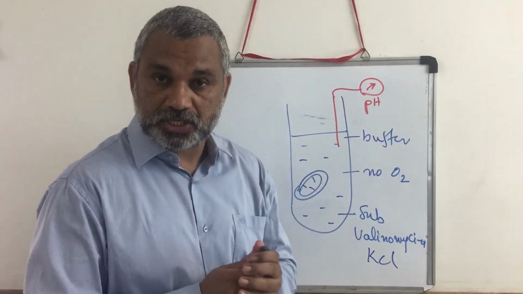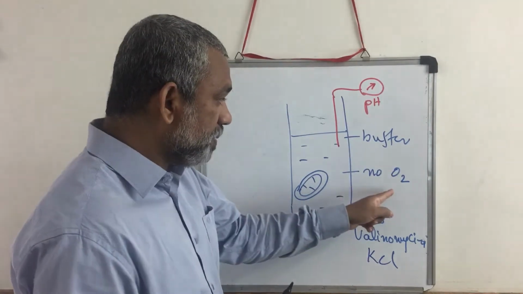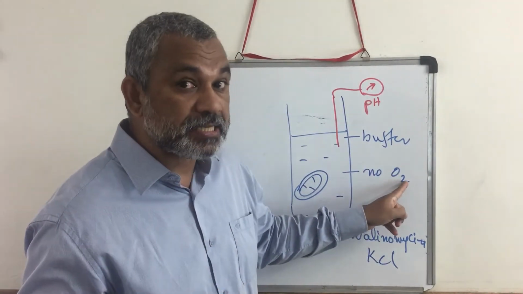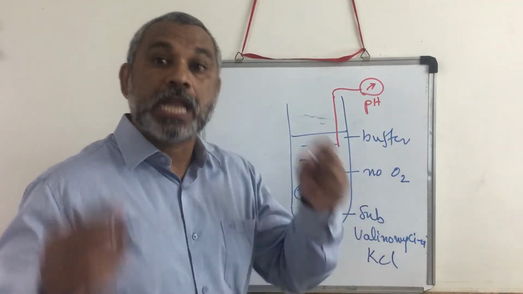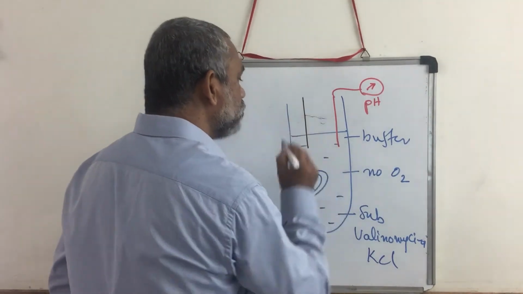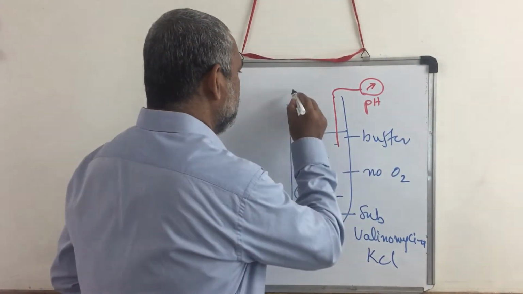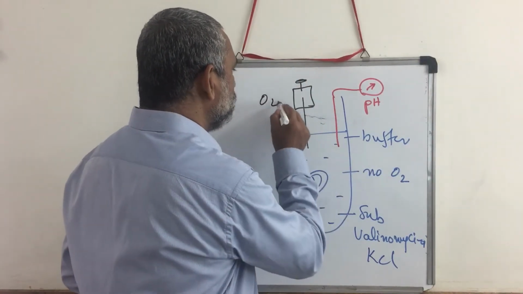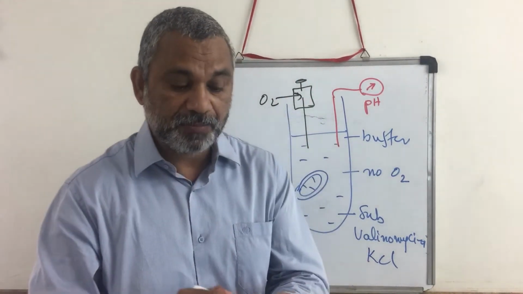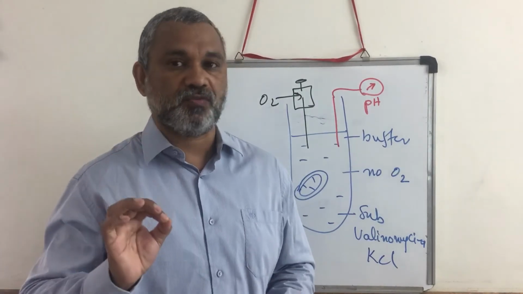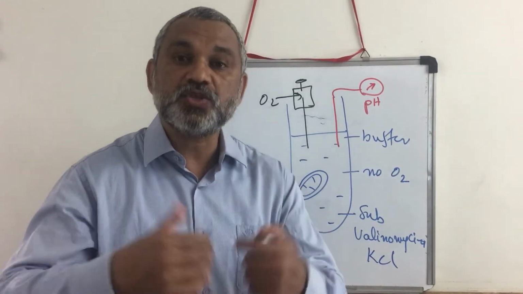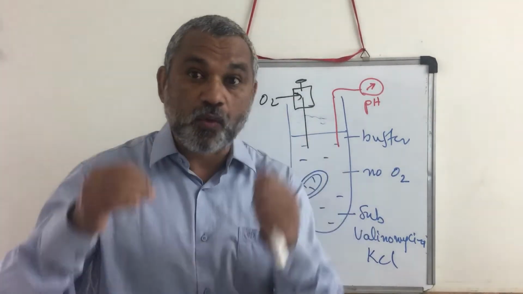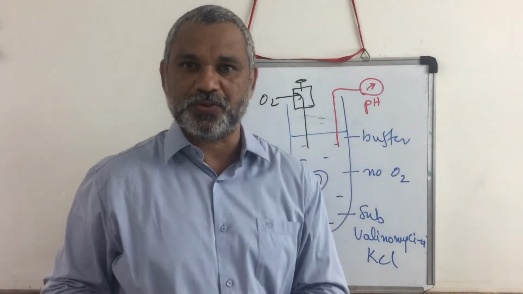Now we measure the pH, because remember, no oxygen is in the solution. Now what is done is, oxygen is injected through the buffer, a fixed quantity of oxygen, into the buffered solution.